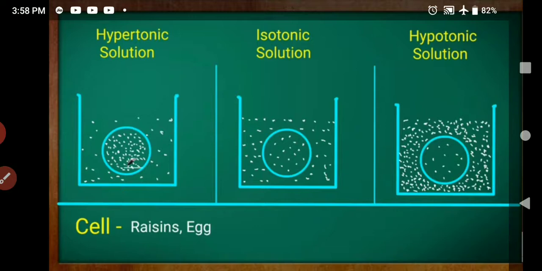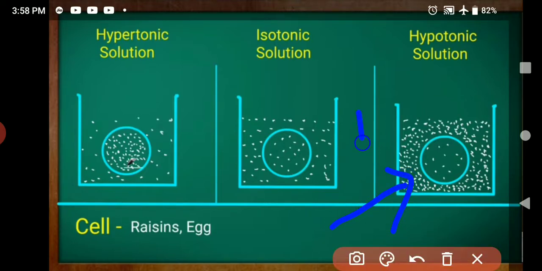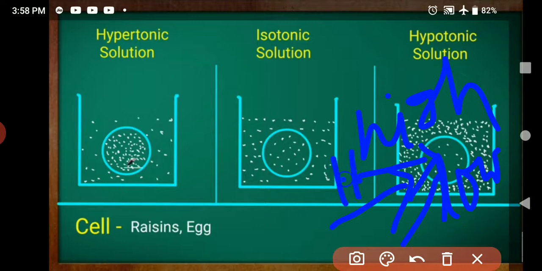And in the hypotonic solution, see, outside the cell concentration is high and inside the cell concentration is low. So in this case, water comes into the cell from outside to inside, and the cell gains water.